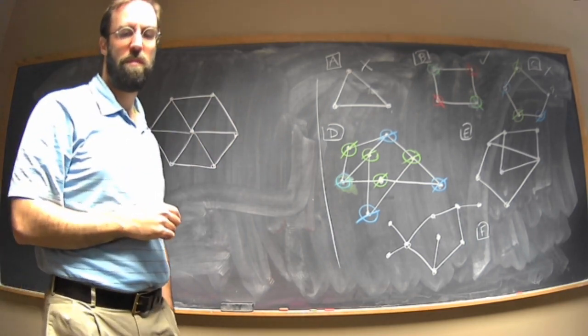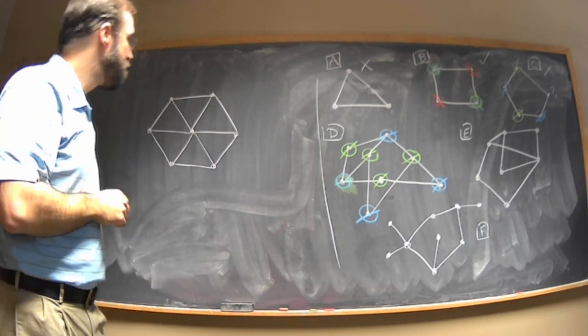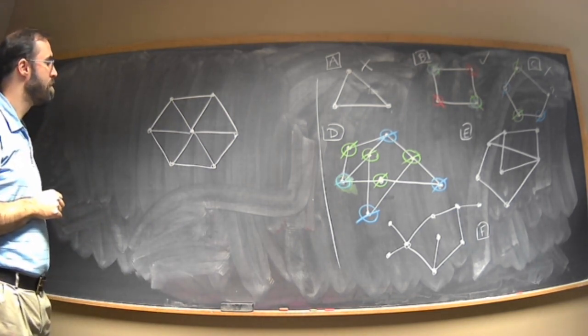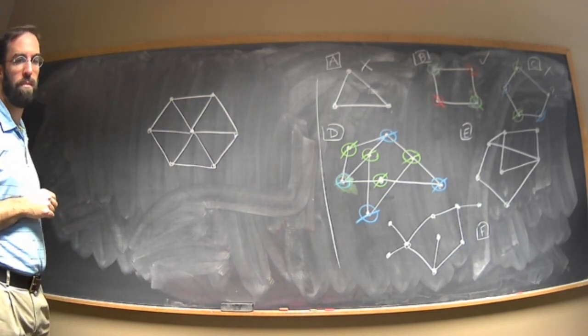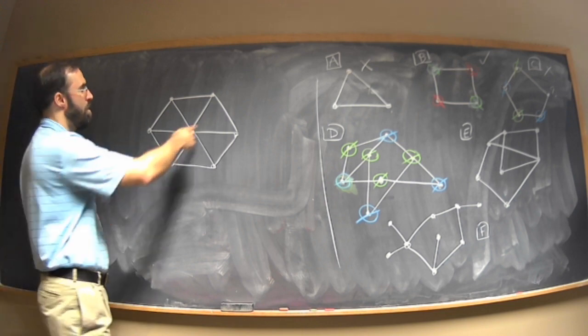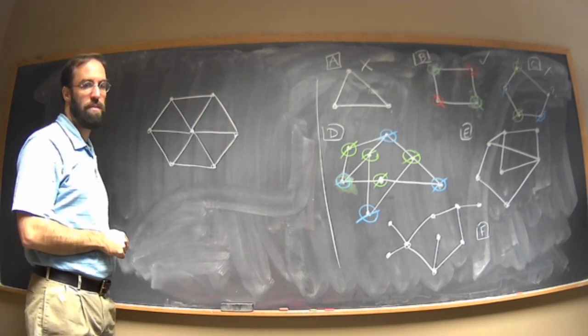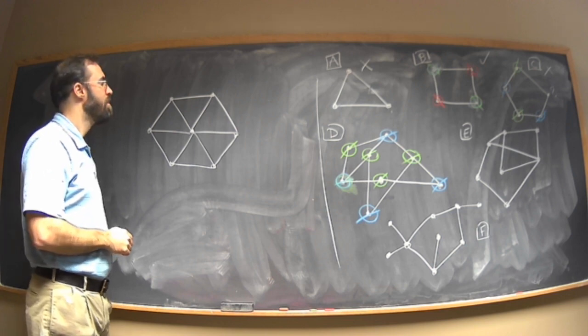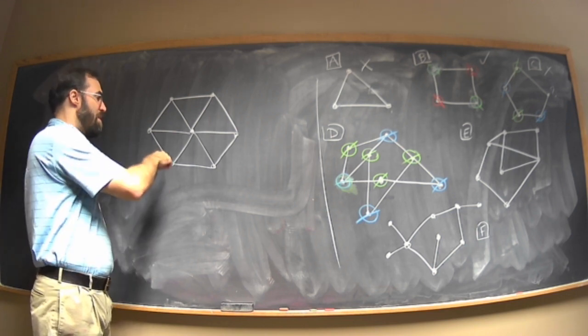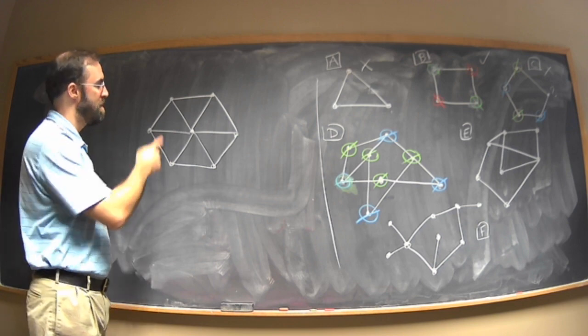I mean, it is a hexagon, but it's made up of a bunch of odd numbered cycles. Yeah, that's true, right? All these triangles, like this is a 3-cycle here. So I agree this is not bipartite, but it does have some odd length cycles.